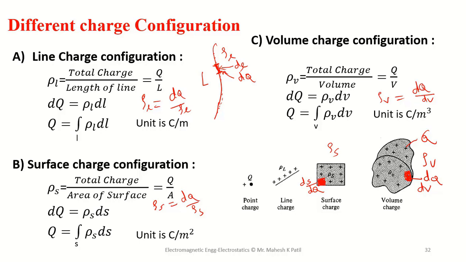So if I write dq, then dq will be rho v into dV. And if I want to calculate the total number of charges, then it is volume integration of rho v dV. The unit for this is coulomb per meter cube.